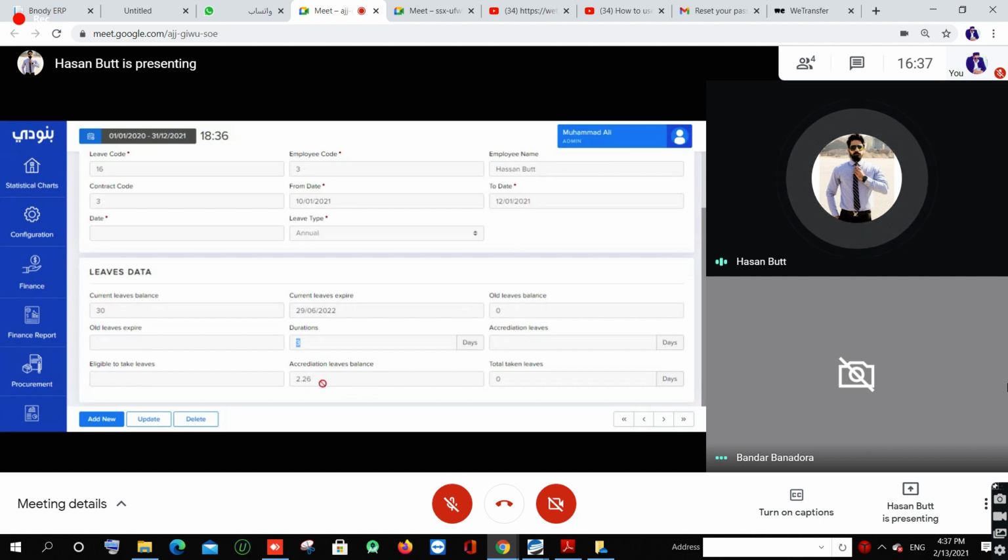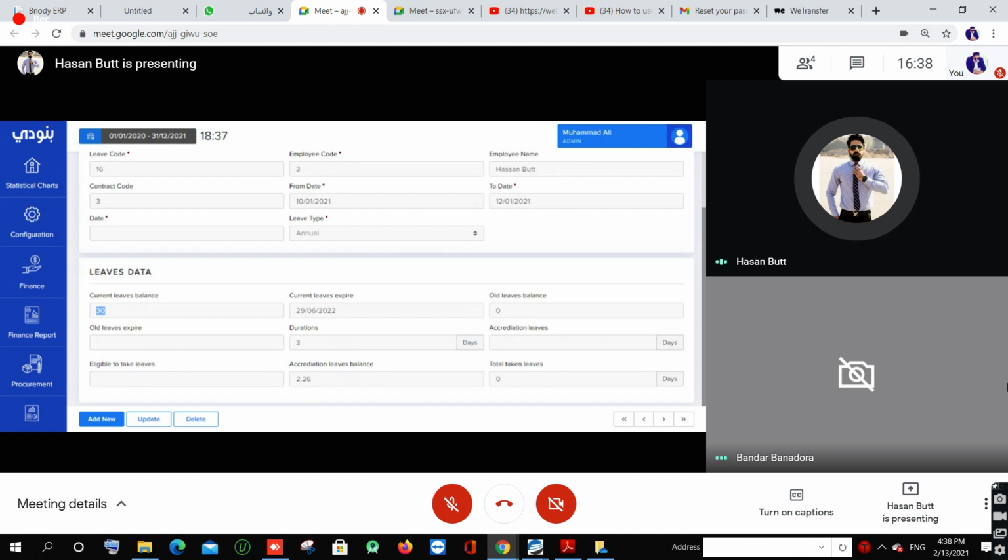And the accreditation leave balance, as I told all brothers, means the total leaves will be divided over 12 months, or the total months of the contract. So for 1 month, the leaves are divided across all the months, and 2.26 now is the accreditation leaves. It means that Hassan can take 2.26 leaves per month.